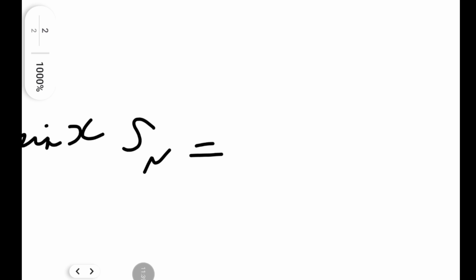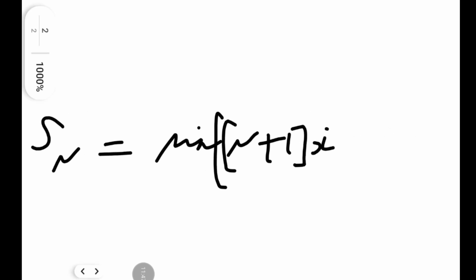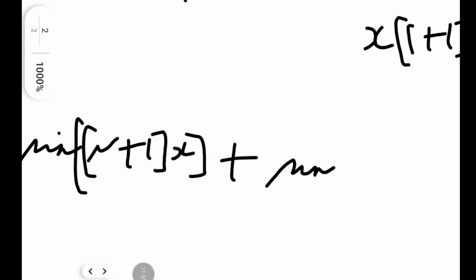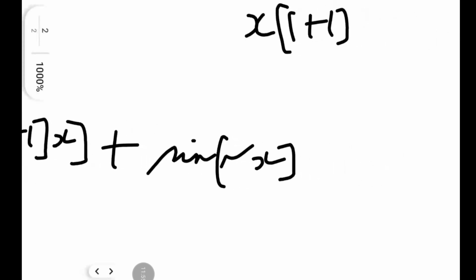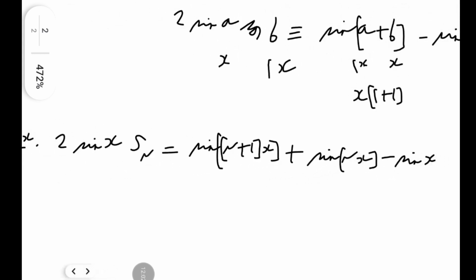It's going to equal sine of (n plus 1)x. Again, not the clearest, I apologize. Add sine of nx, like this, and minus sine of x. So now I've got it into this format here. So you can see you've got all the terms now.